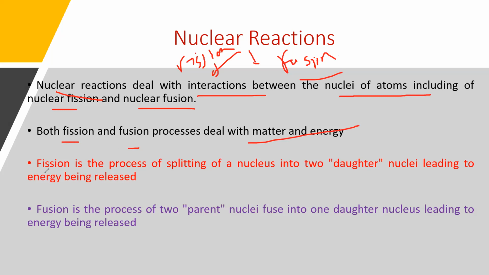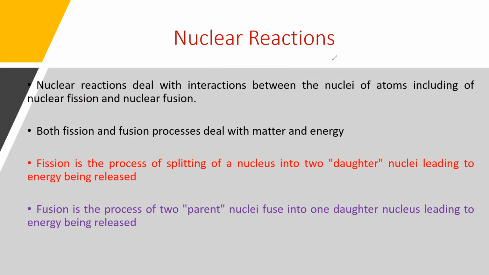Nuclear fission is the process of splitting a nucleus into two daughter nuclei, leading to energy being released. What is the meaning of this statement? Take one example: if this is one atom, it splits into two atoms.